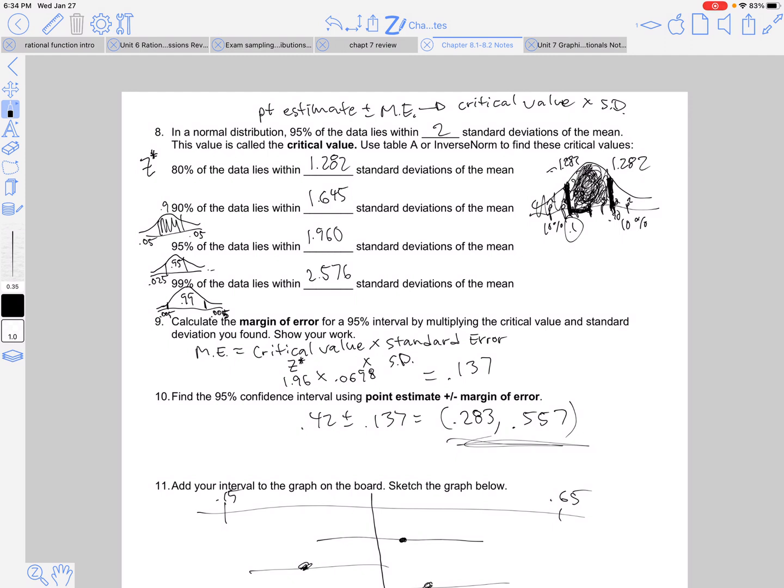Okay, if you look at this nasty drawing that I'm actually going to erase and try again. Hopefully you understood where these numbers are coming from, but if you did not, I'm going to explain it. If we want 80% of our samples to lie in here, they should if it's normal.